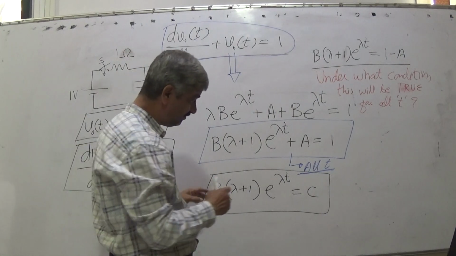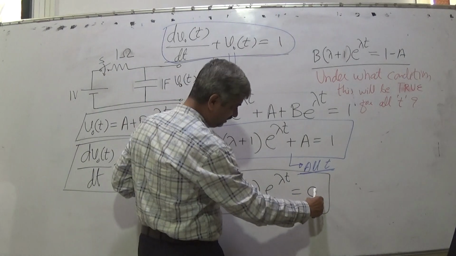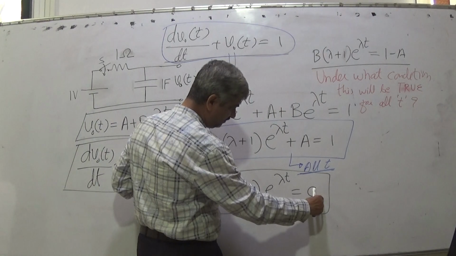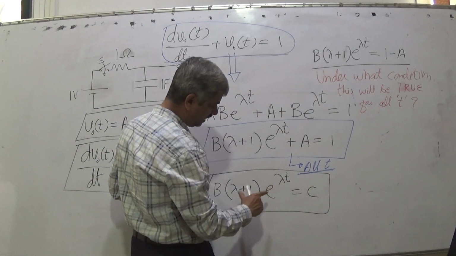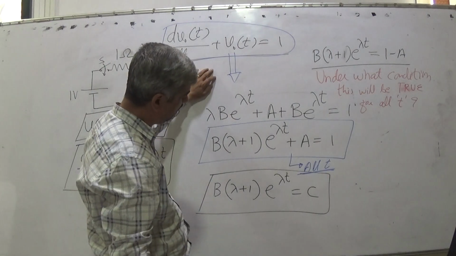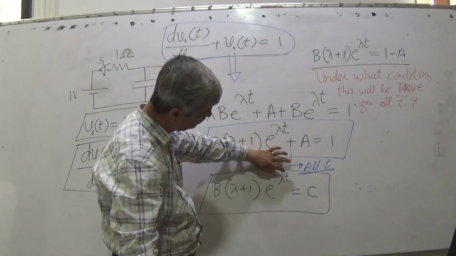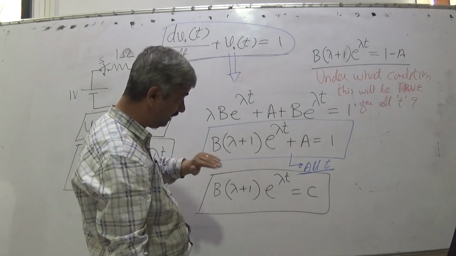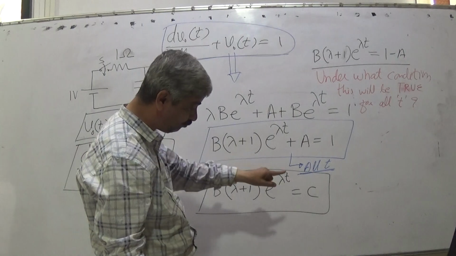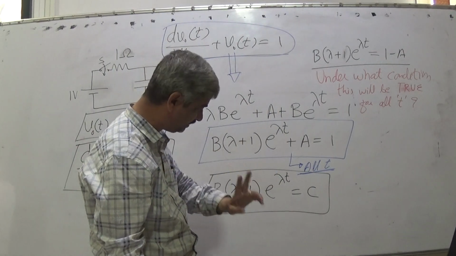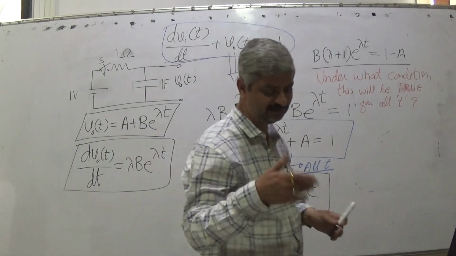This means the right hand side is a constant term, and on the left hand side I get a term which includes e raised to lambda t. So a variable term must be equal to a constant term. It is possible in two cases. What are those? This is what I am trying.